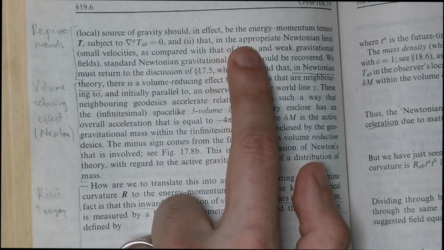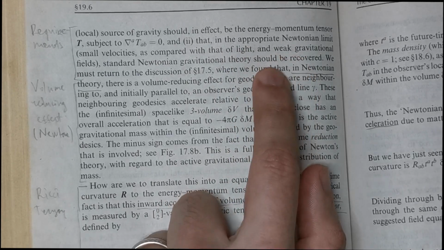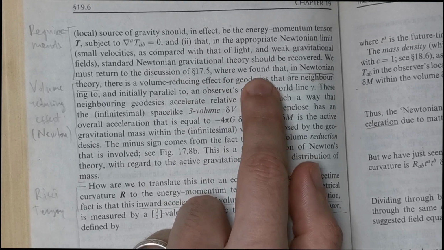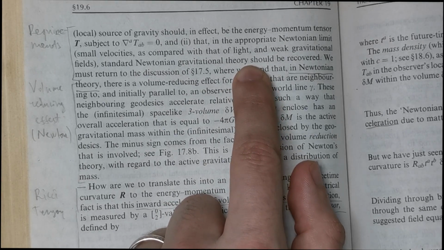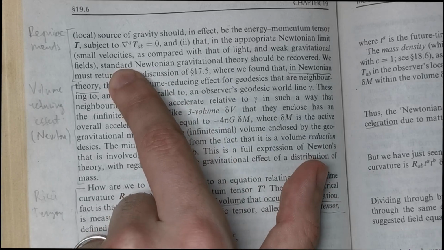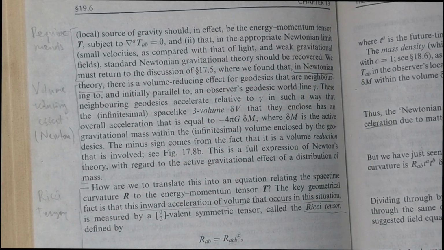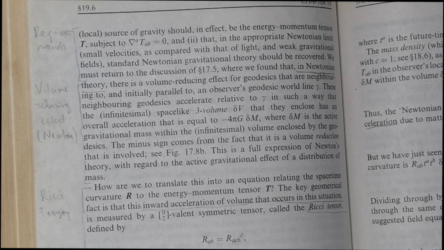And in the appropriate Newtonian limit, for small velocities, we need to obtain standard Newtonian gravitational theory. So those are two basic requirements to start from.